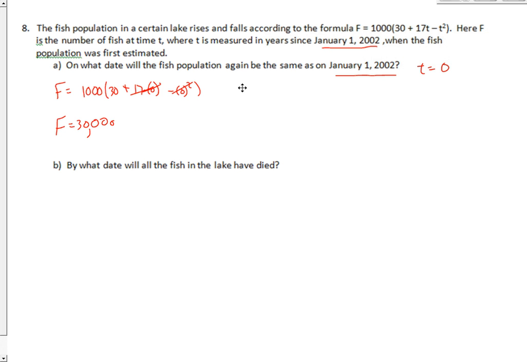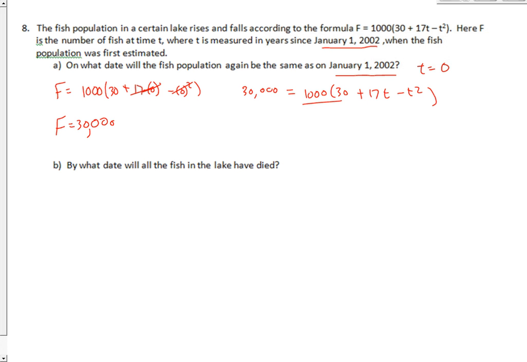So we're going to take 30,000 and set that equal to 1,000 times (30 plus 17t minus t squared) and solve for t.